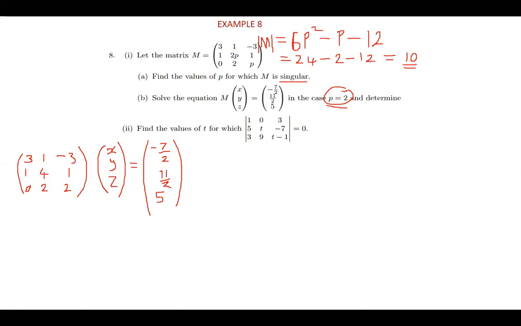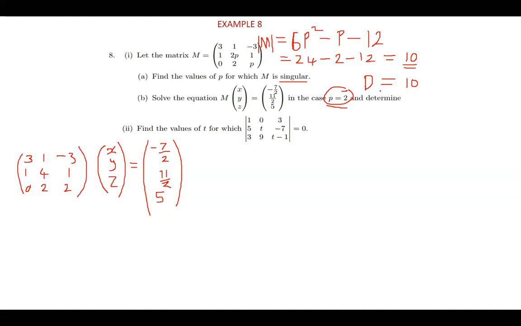When using Cramer's rule, you first find the determinant of the given matrix. So this is the determinant that we have found now. I'll write it as D, D is equal to 10.